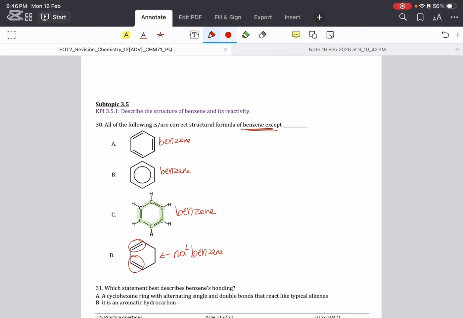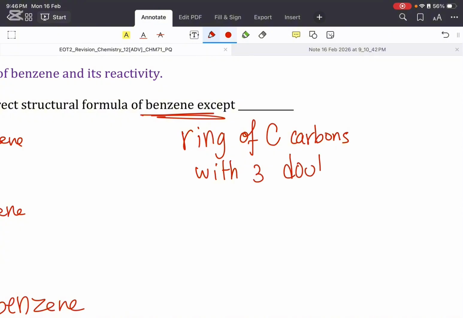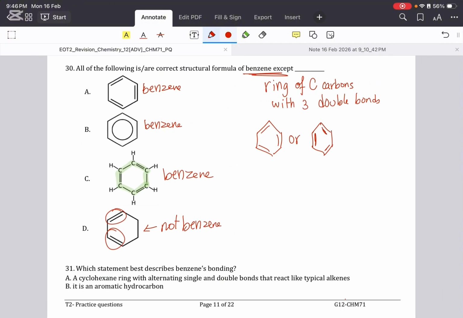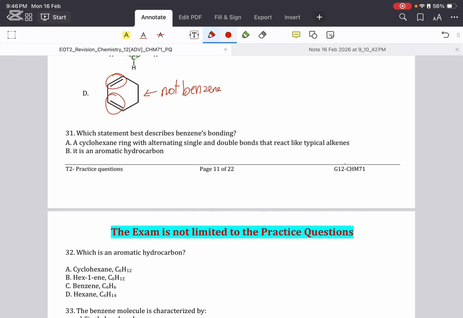So to have an aromatic compound or to have benzene, you need a ring of 6 carbons with 3 double bonds. It could be like this, or like that, or simply if I want to draw both, I would go for this one. It means that the electrons are rotating inside this benzene ring.